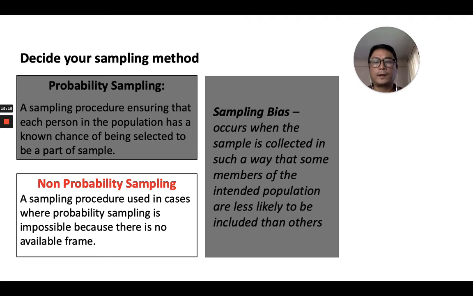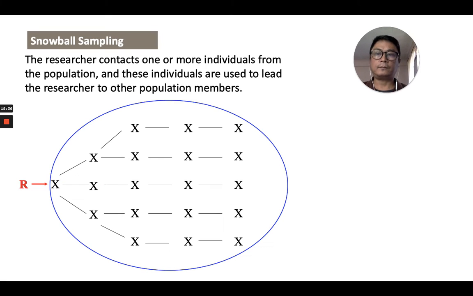Okay. Now, what about non-probability sampling? Remember, we said we do non-probability sampling if we have a case where we don't have a sampling frame. We cannot estimate the probability of selection of any member of our population. One method we can use is snowball sampling.